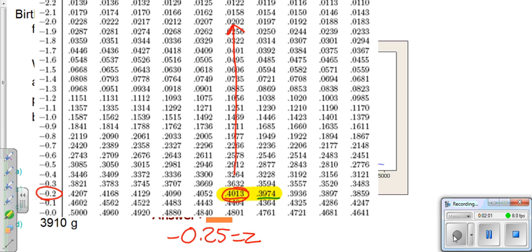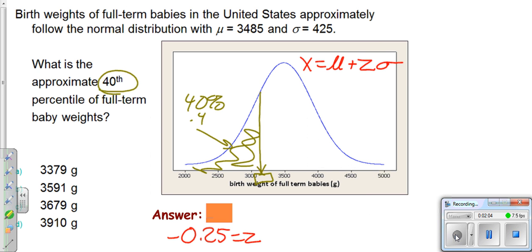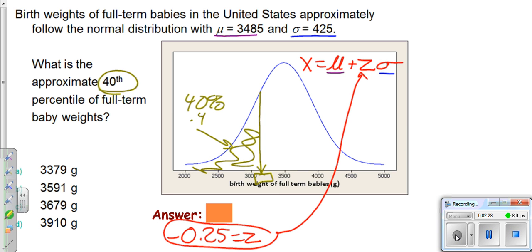So now we're going to go ahead and work backwards with this. I'm going to get rid of my table. Now I'll take my reverse z-score formula, which I have here in red, x equals mu plus z times sigma, or the standard deviation, and I'll start plugging stuff in here. I know my mu, I know my sigma, and I had just figured out my z-score right down here, and I'll plug it in.